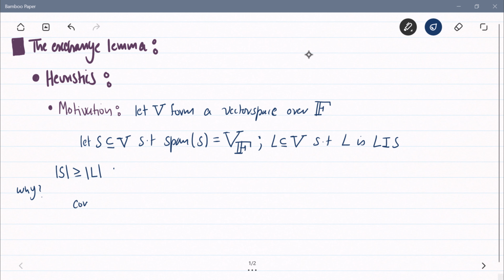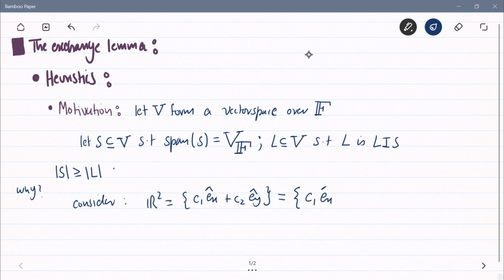Consider R2, which, let's not be too formal here, can be represented like this. Okay, but it can also be represented by adding any other vector from R2, or as many as you like.